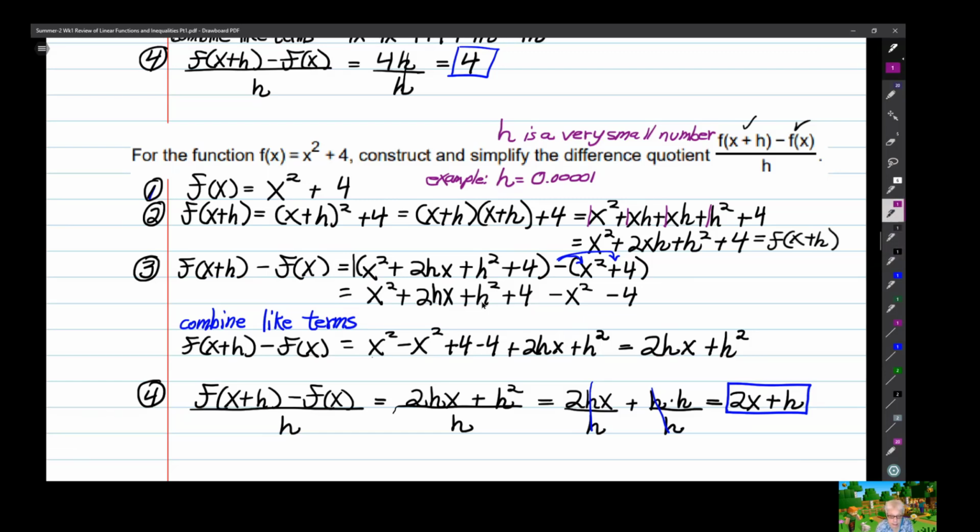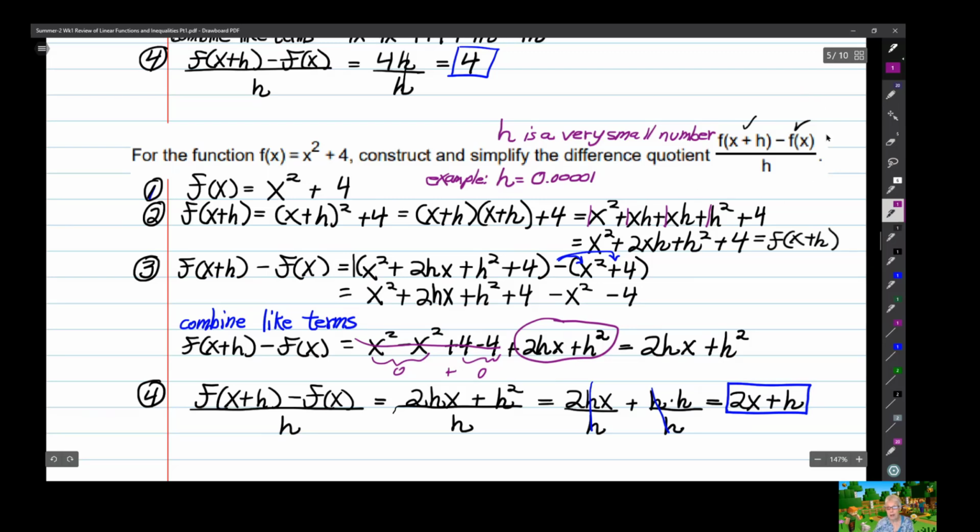Because this is 0, and this is 0, and 0 plus 0 is 0, right? So for that reason, these cancel out, goodbye. And we're left with 2hx plus h squared. That is what f of x plus h minus f of x equals.